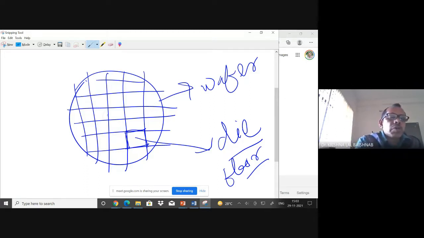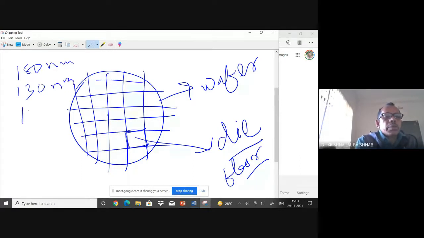If I think of technology nodes, then we have 160, then 130 nanometer, then 90 nanometer, 65 nanometer, and 45 nanometer.